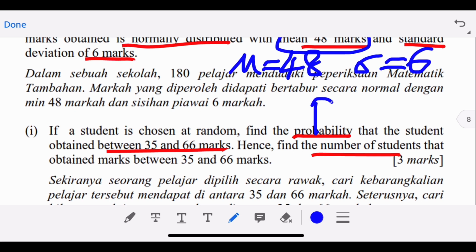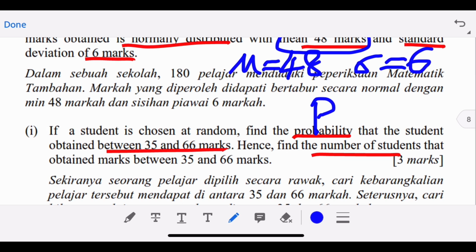You always use a symbol when it comes to probability. So when you read the question and see find the probability, you just label the big P there. We have small p and big P. The small p is meant for binomial distribution.